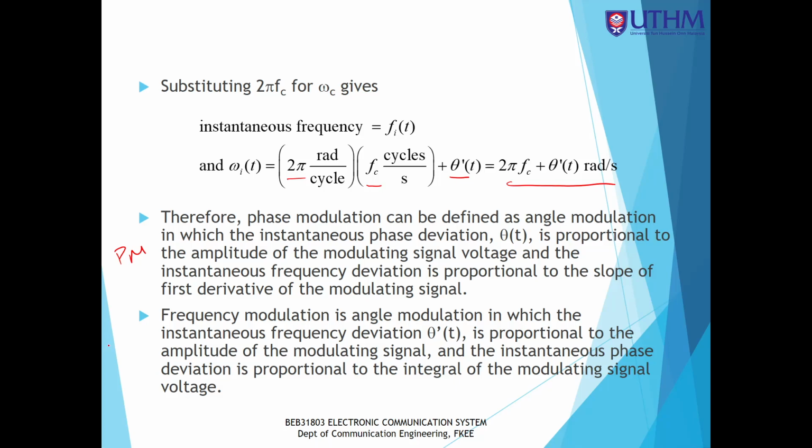While FM, frequency modulation, is the process of changing the frequency of the carrier in accordance with the amplitude variation of the input message. So that's about PM and FM.